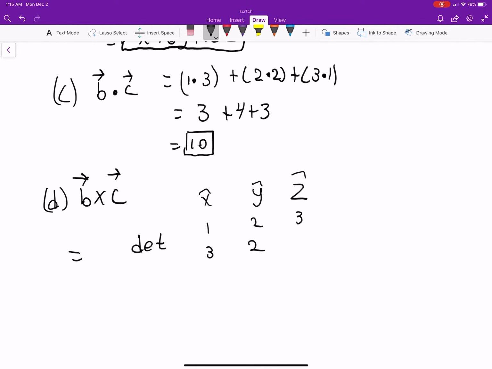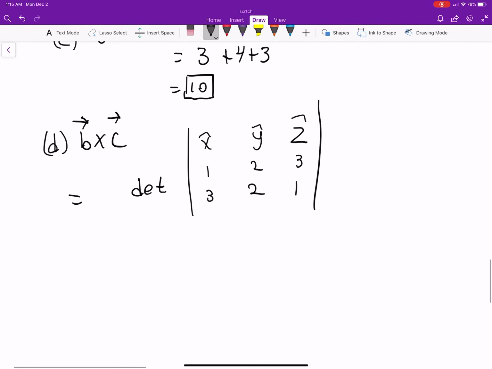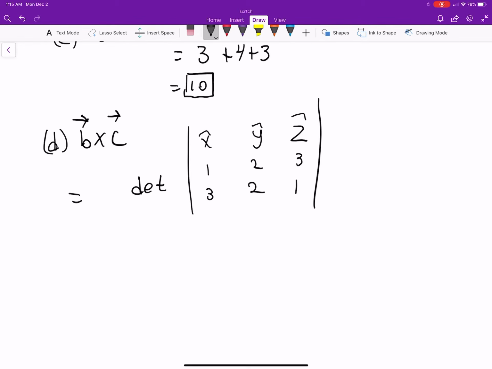And then for C, it's backwards. So again, if you don't know how to compute the dot product or the cross product, I'd recommend checking out the lecture videos. If you look at the playlist Classical Mechanics that I have, hopefully it'll explain some of this stuff for you if you're not sure how to do it.